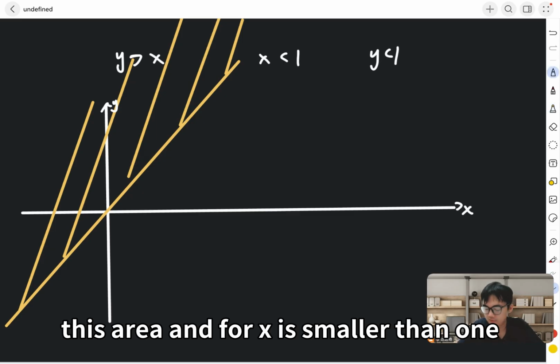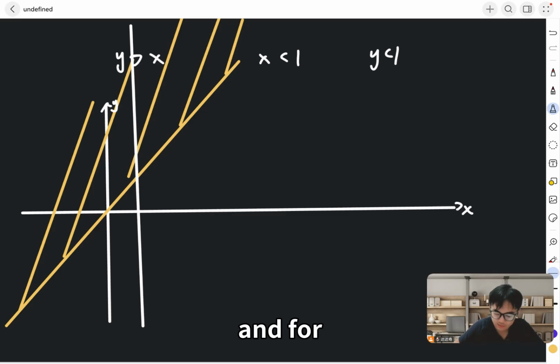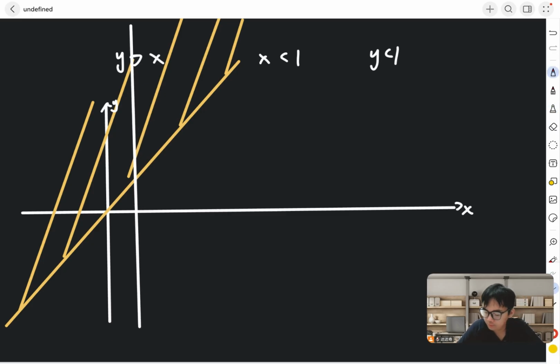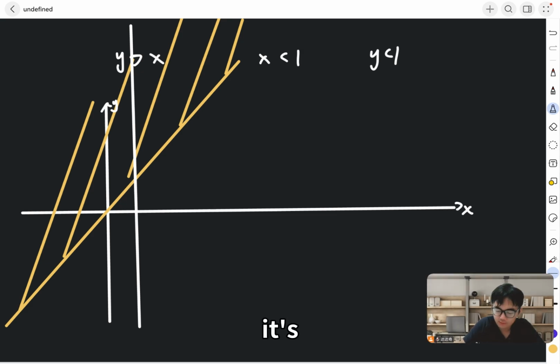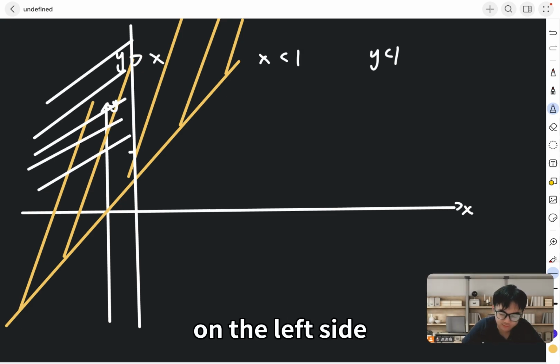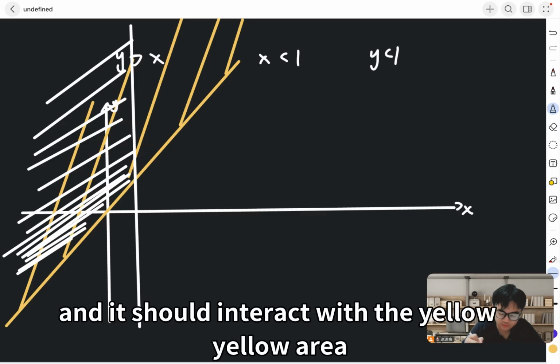And for x is smaller than 1, let me just first draw x equals 1. And for smaller than 1, all the area is on the left side of the straight line. And it should intersect with the yellow area.